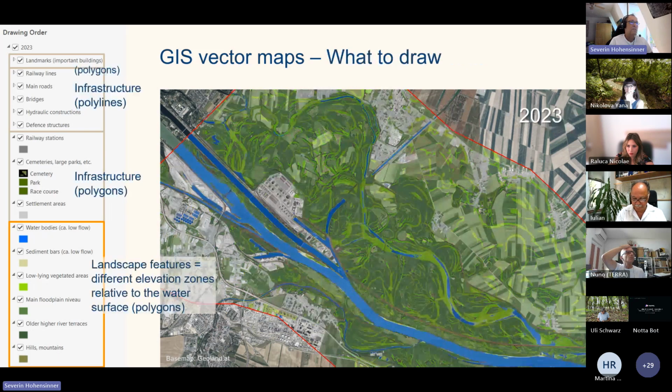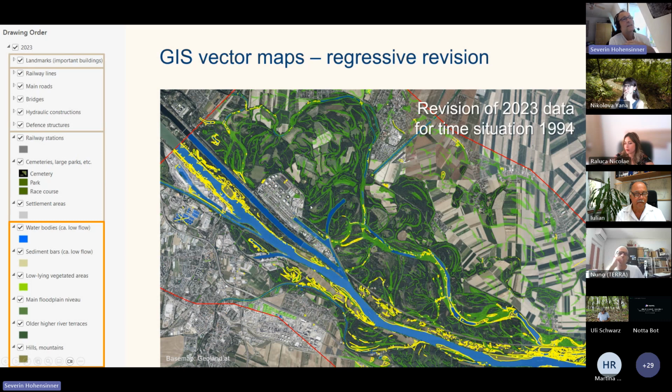And you see here a part of the situation from 2023 in our demo site Upper Danube, the so-called Lobau floodplain. It's inside the city of Vienna at the eastern border. When this is already finished, we start with the revision. We usually copy the GIS data, in this case from 2023, rename it for 1994, and then modify all river structures that have changed.